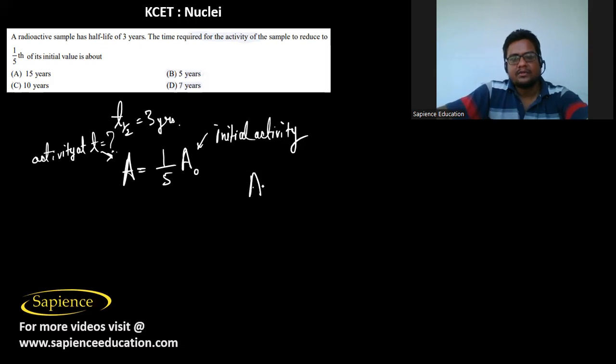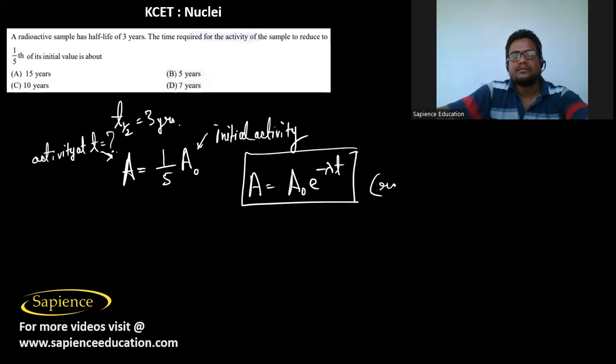Okay. And we also know that A equals A naught e power minus lambda t, which is the radioactive decay law. So from here we can say that A naught by 5 should be equal to A naught into e power minus lambda t.